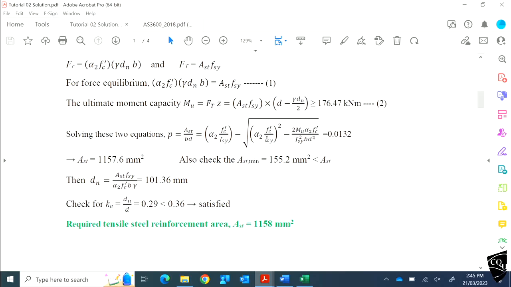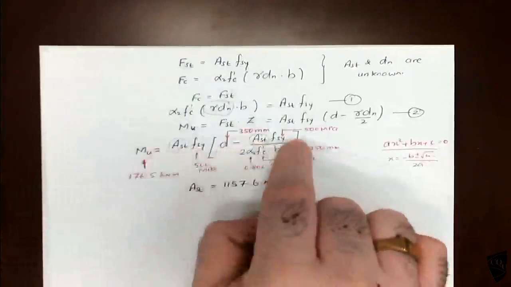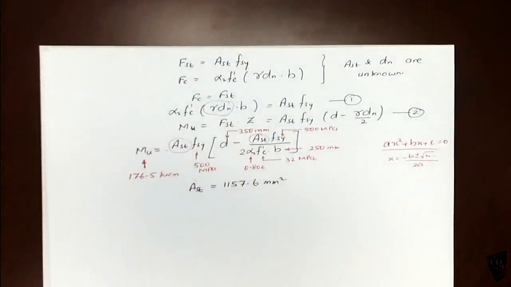You can substitute into that and also get the solution. But in the exam or wherever, it is much easier to go from first principles and solve using your calculator or Excel.